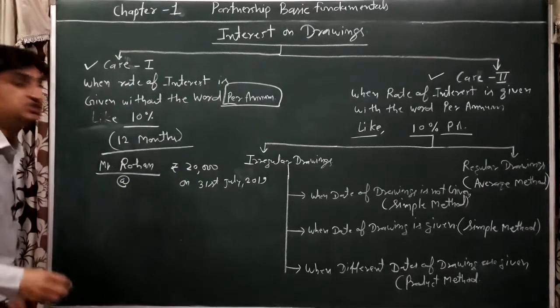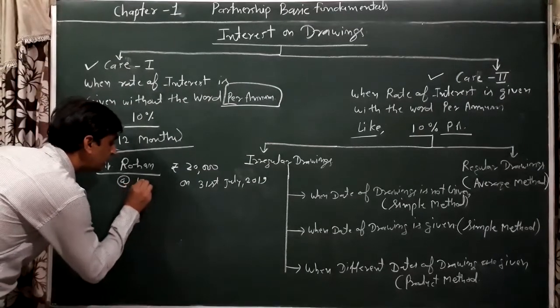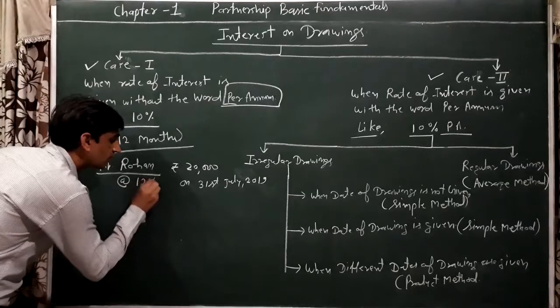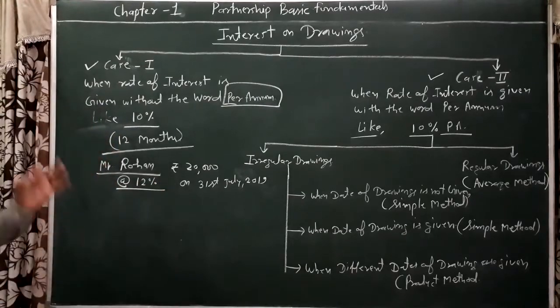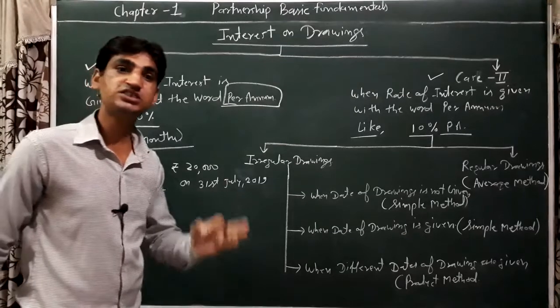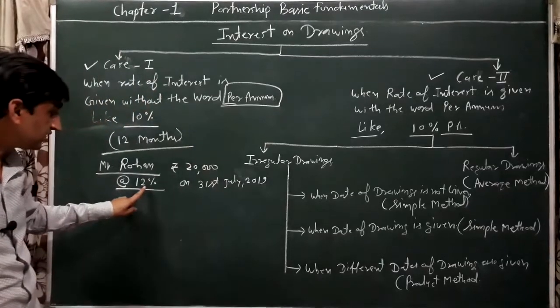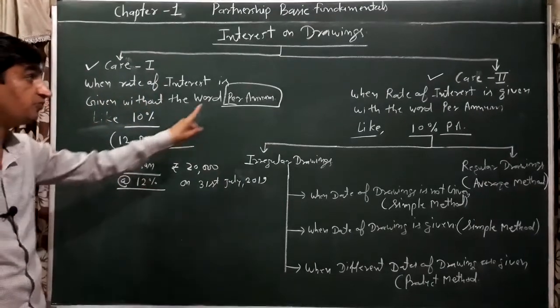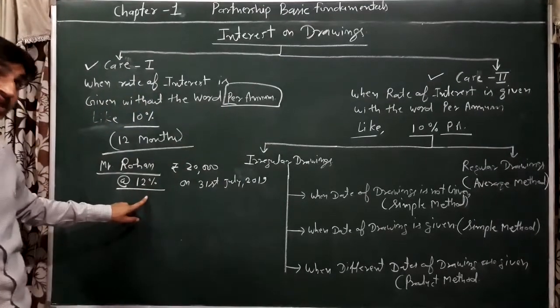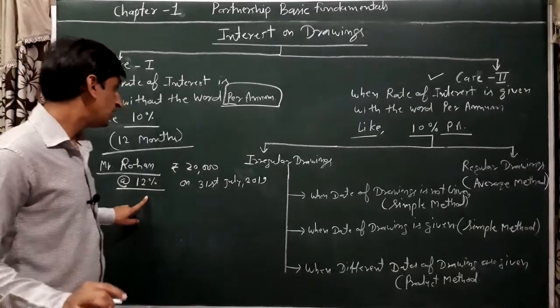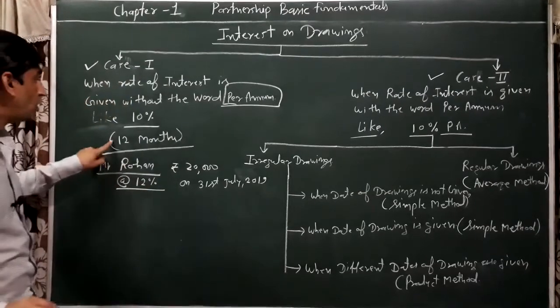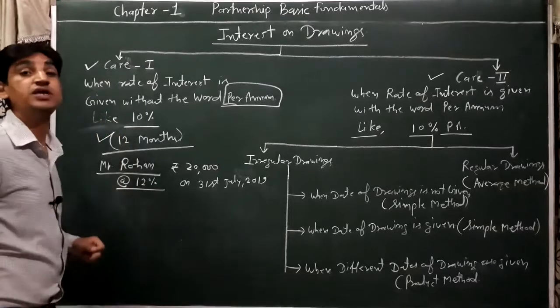Interest is charged at the rate of 12%. After the percentage, the words per annum are not given here. Only the percentage rate is given. Understand? So in such a situation always 12 months' interest will be calculated.